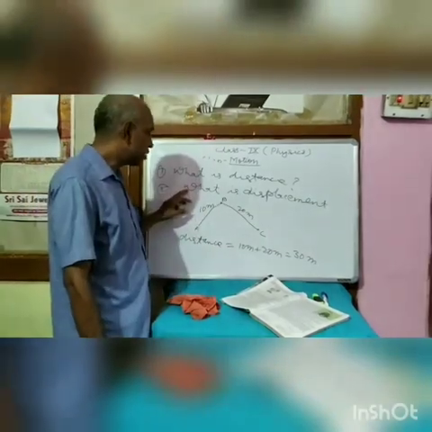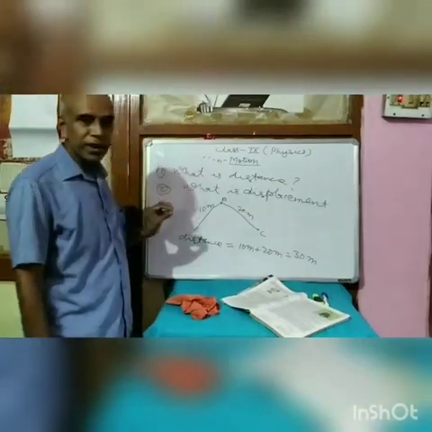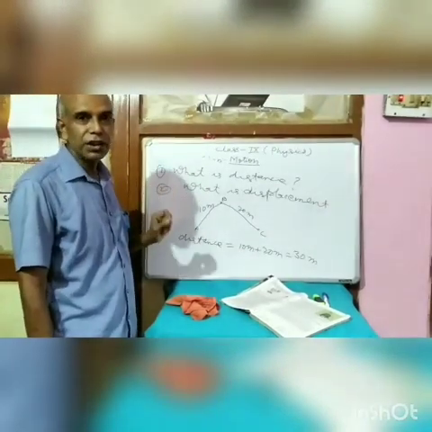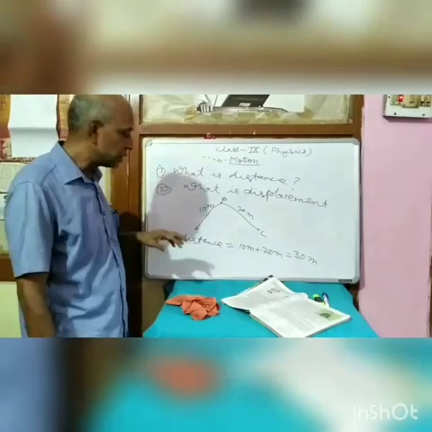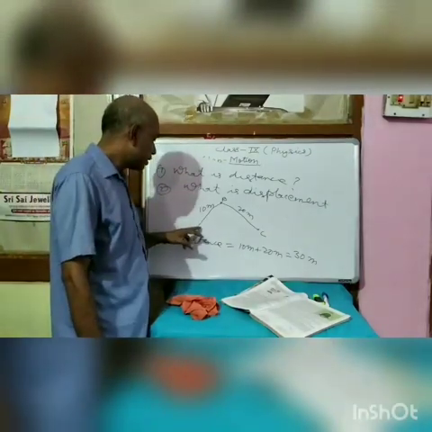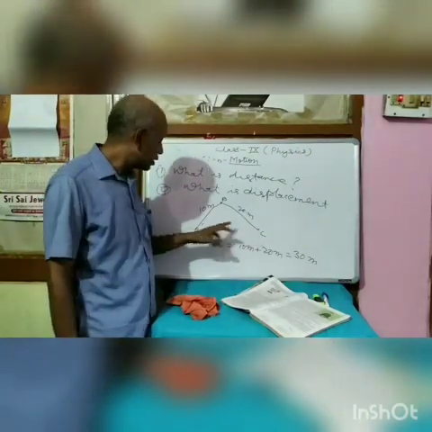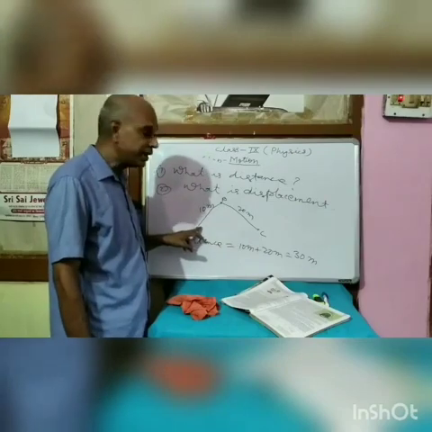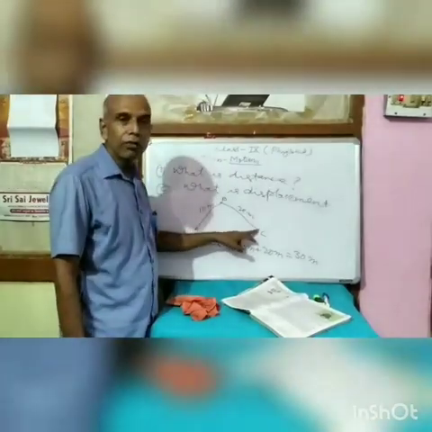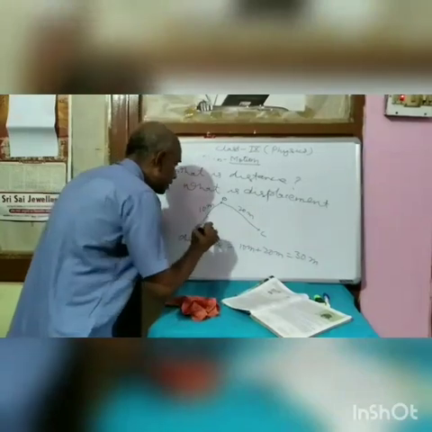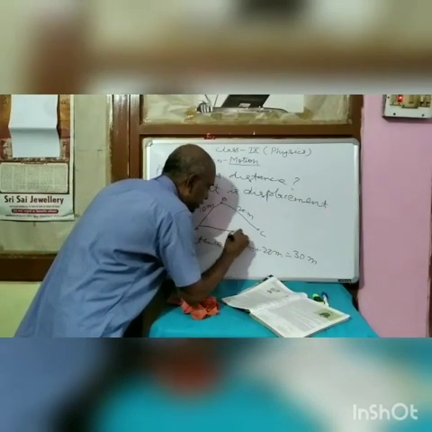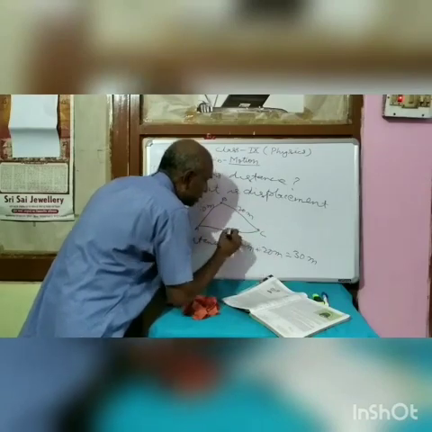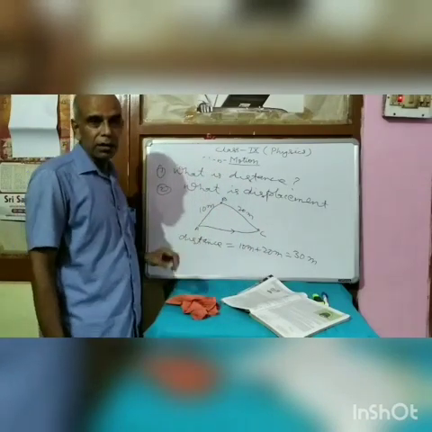But what is displacement? Displacement is the shortest distance between the initial point and the final point. Here A is the initial point and C is the final point. When we join these points A and C, we get displacement.